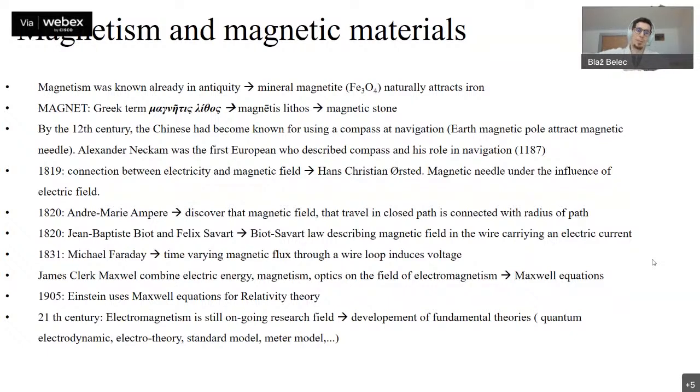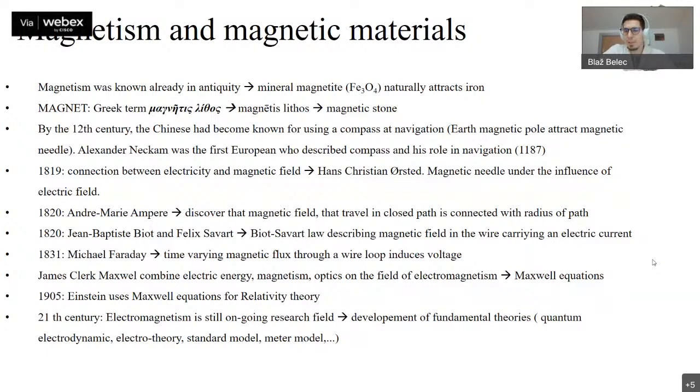And in the second half of the 19th century, James Clerk Maxwell combined electricity, magnetism, and optics in the field of electromagnetism, and described everything in the Maxwell equations, which are now the basic equations for electromagnetism.